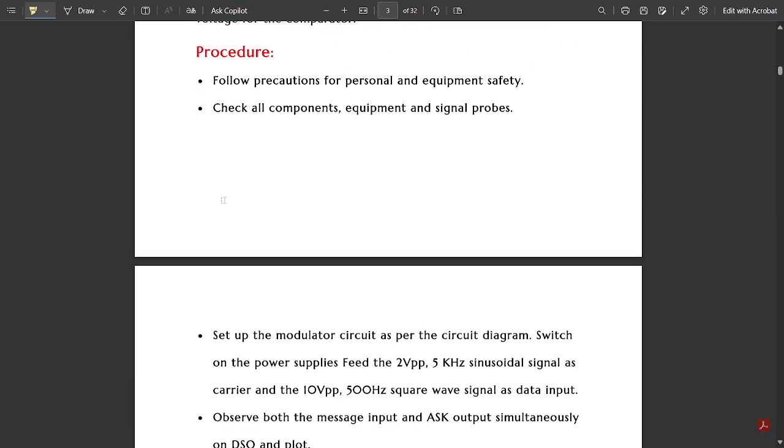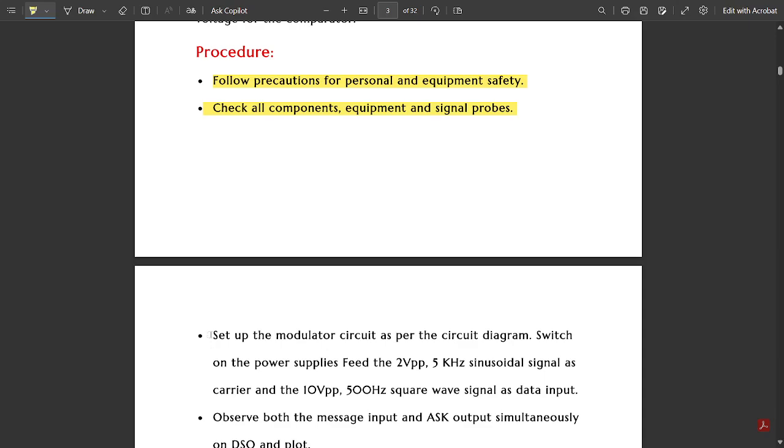So this is the basic procedure for all the experiments which you need to follow. The first is to follow precautions for personal and equipment safety. Okay, you should be staying very safe. First, check all the components. Checking the components, probes, wires, everything is very important in order to start your experiment. Because if you directly go and rig up your circuit without doing that, and at the end you don't get the output, then you will be blaming others.